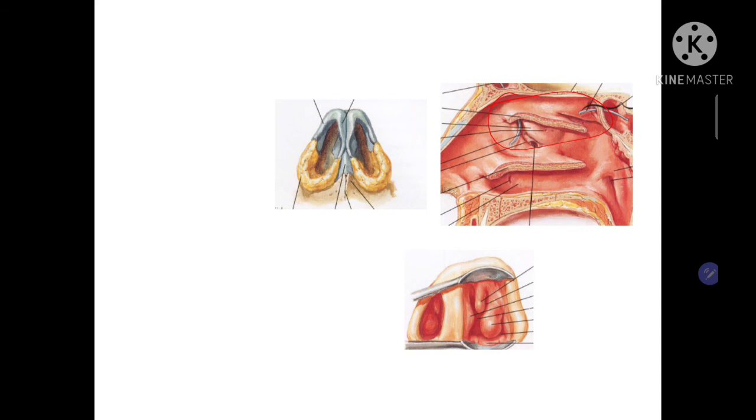And in the end, we have now the inferior part, the more inferior part. This is the respiratory segment. It has a lot of irrigation, a lot of blood supply in the turbinate, and it makes the air circulation better and warms it.